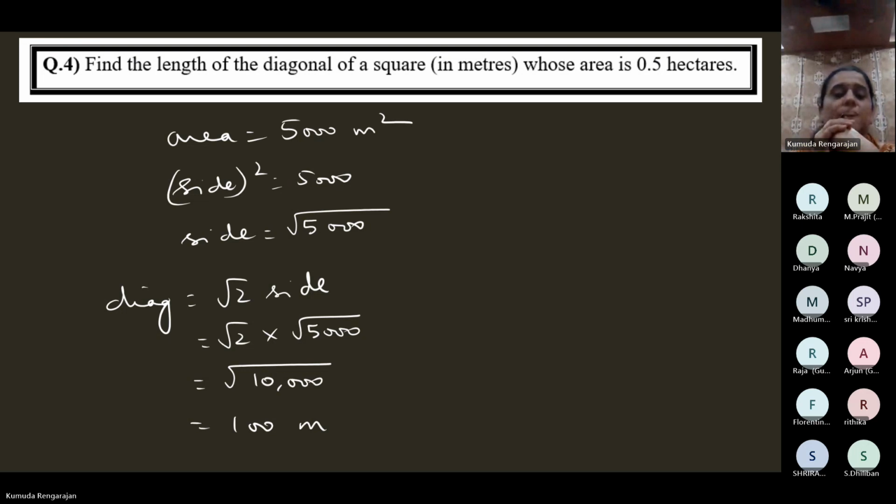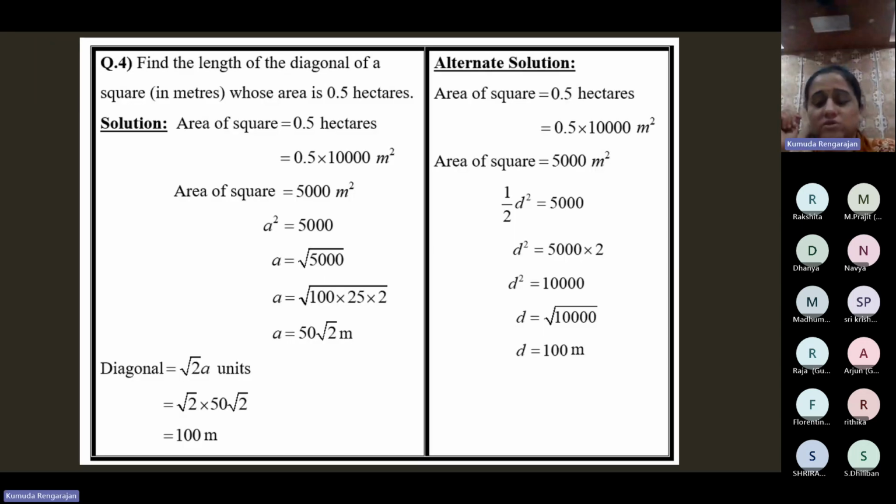Okay. So area is 5,000 meters square. Area means side square is 5,000, so side is square root of 5,000. Now for the diagonal, this is the formula. I've used the other formula also, half d square, for the area of a square.